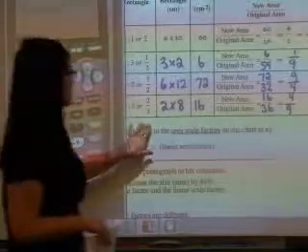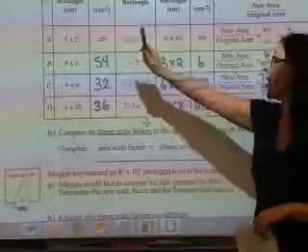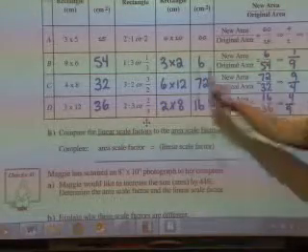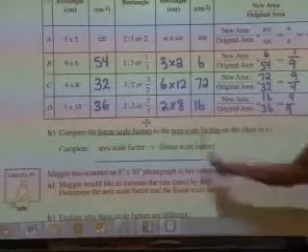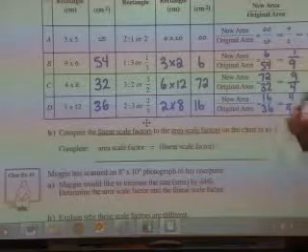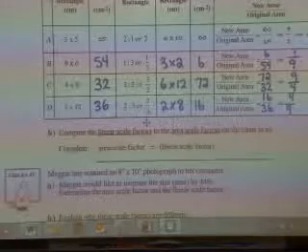Okay? So what can you tell me about this number and this number in each of these? What pattern or relationship do you see? In other words, how do I go from 2 to 4? Multiply by 2.